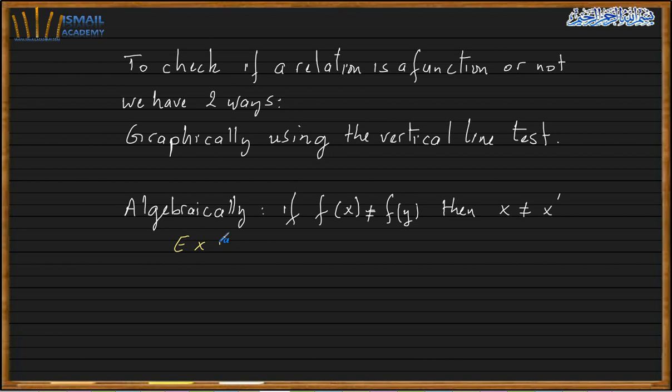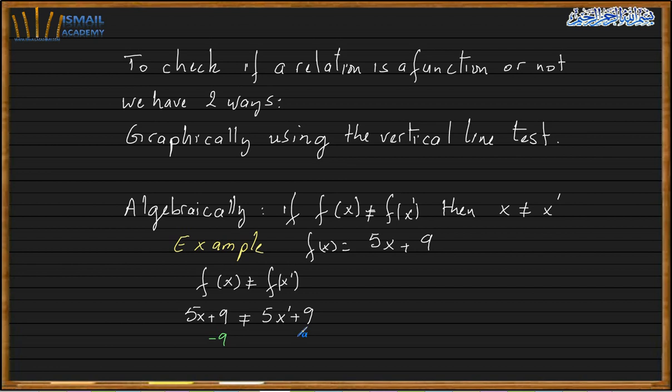So if I start with f of x and then f of x prime, I will have 5x plus 9. So here 9 on both sides. If we subtract the same, the difference stays the same.